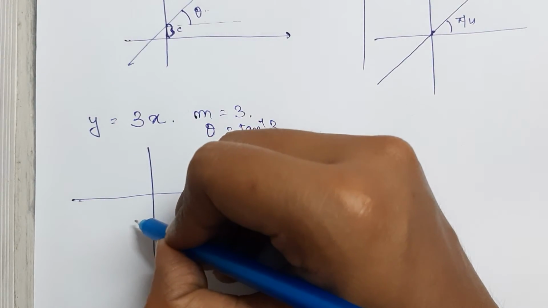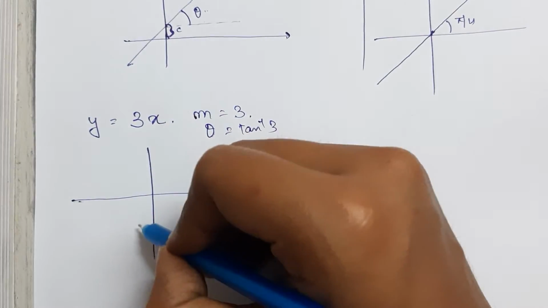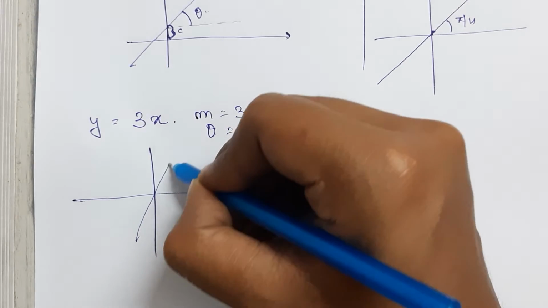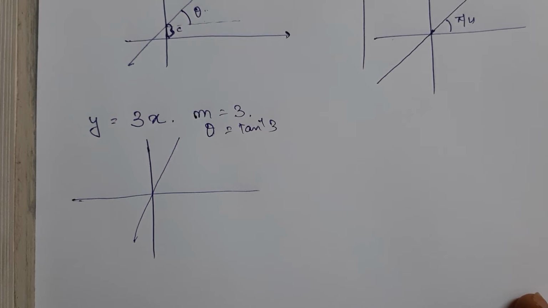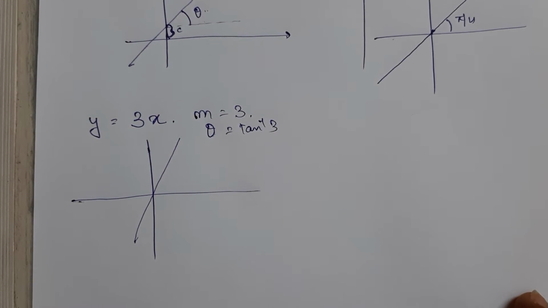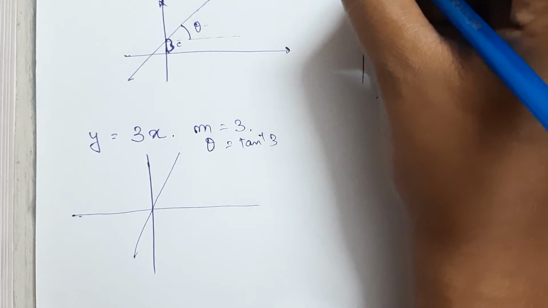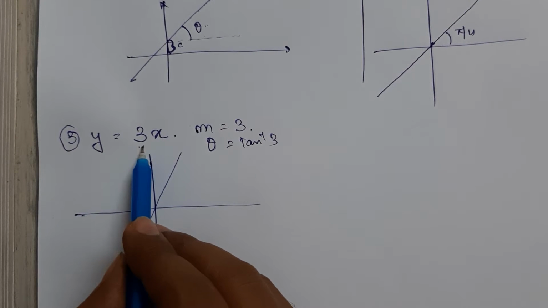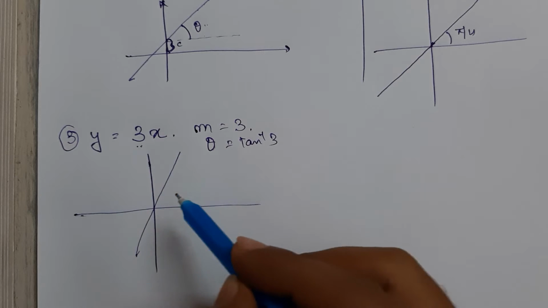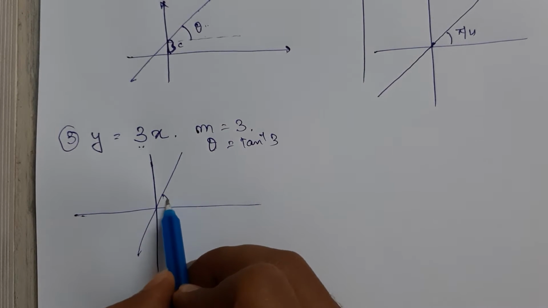It will not be 45 degrees, it will be tan inverse 3, so it will look somewhat like this. I think you have understood how to draw this. You can also use fractions like 4 by 5, any fractional number. The change will be in the slope.